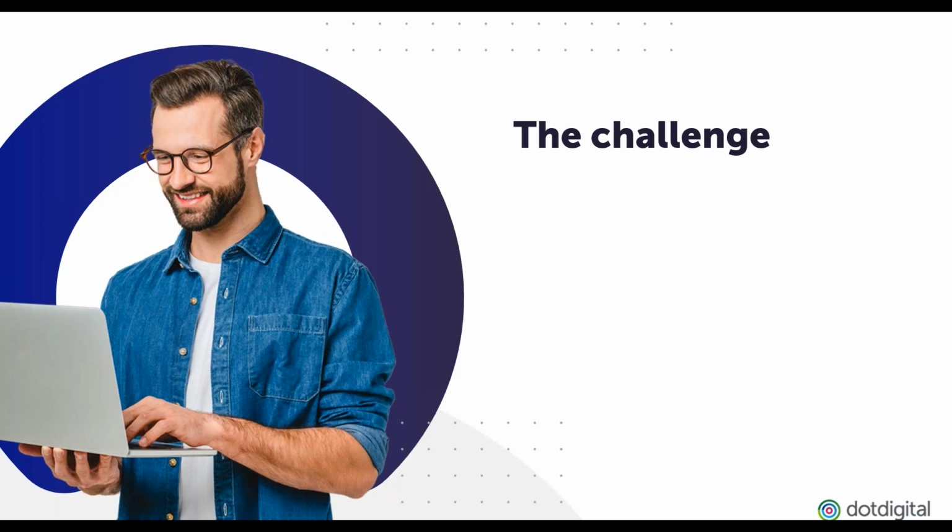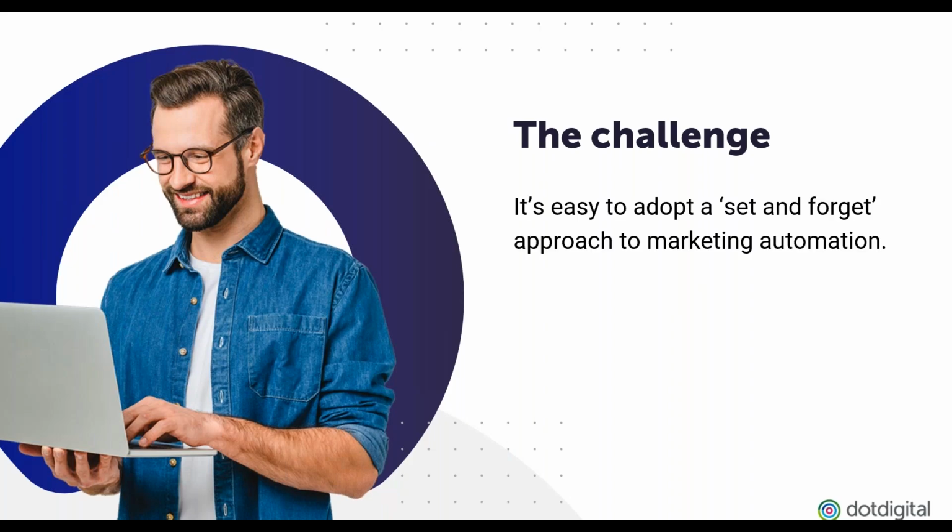So the challenge. Automation programs ultimately save time for marketing teams, but they do require regular maintenance. It's easy to get stuck in your routine and set and forget programs, which is not what we want to do.